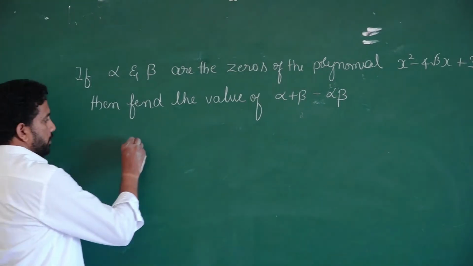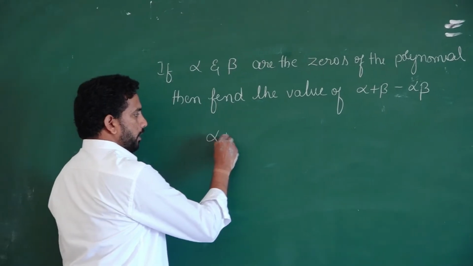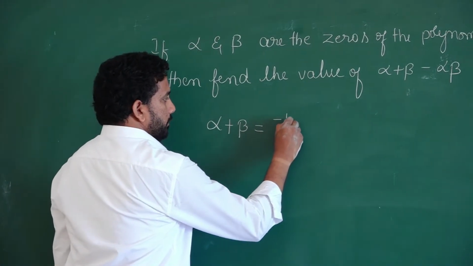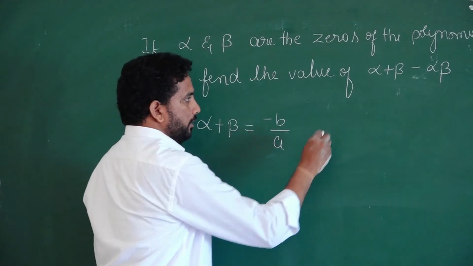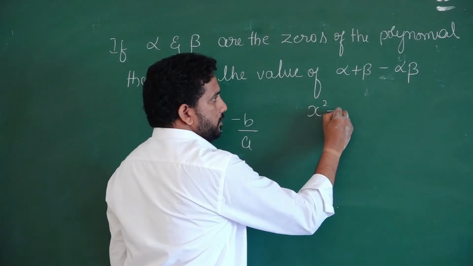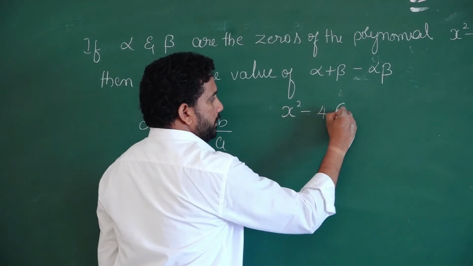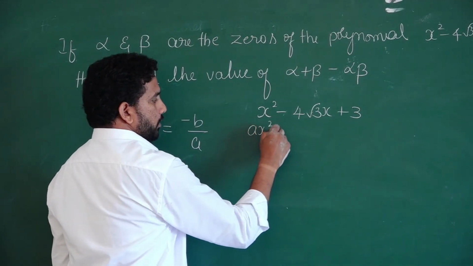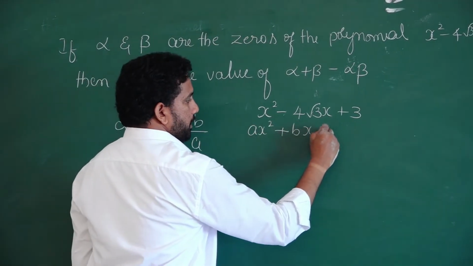So for that one, first we need to find out alpha plus beta. We know that alpha plus beta is equal to minus b by a. So compare the equation with the standard form. Here we can compare ax square plus bx plus c.